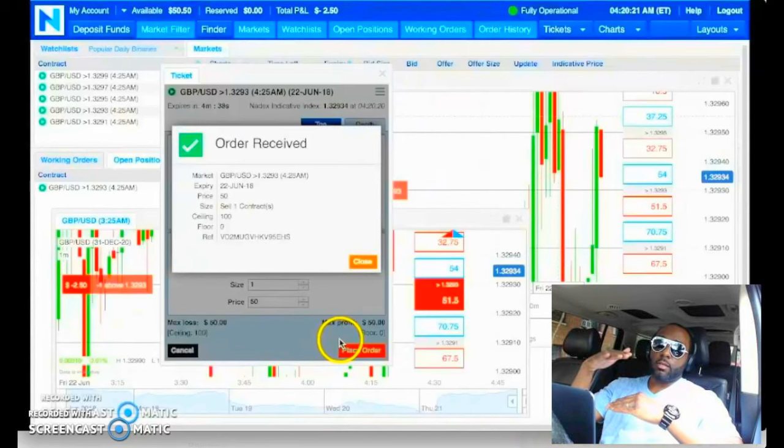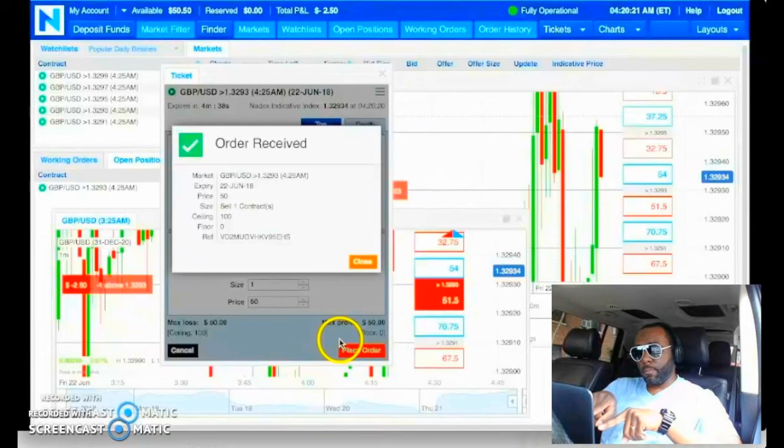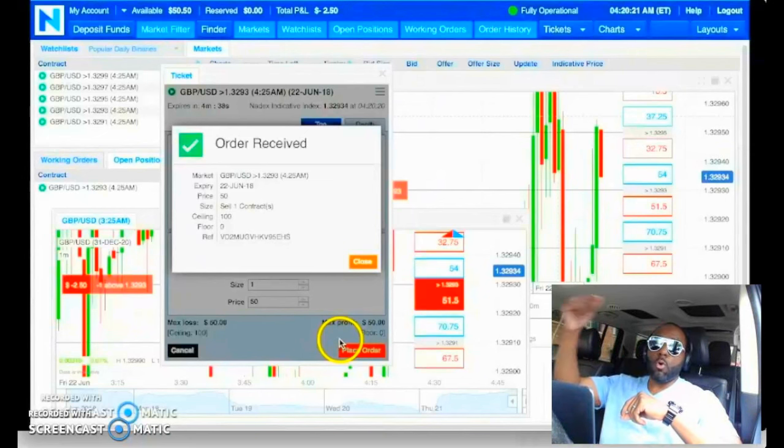And if you're selling, your pricing will be anywhere between 50 and 0. And if you're buying, your pricing will be anywhere from 50 up to 100. Okay, so be clear on what I'm saying. In this example that you're seeing right now, this is a sell. So the pricing is going to be at 50 or less. If I were buying, it would be at 50 or more.